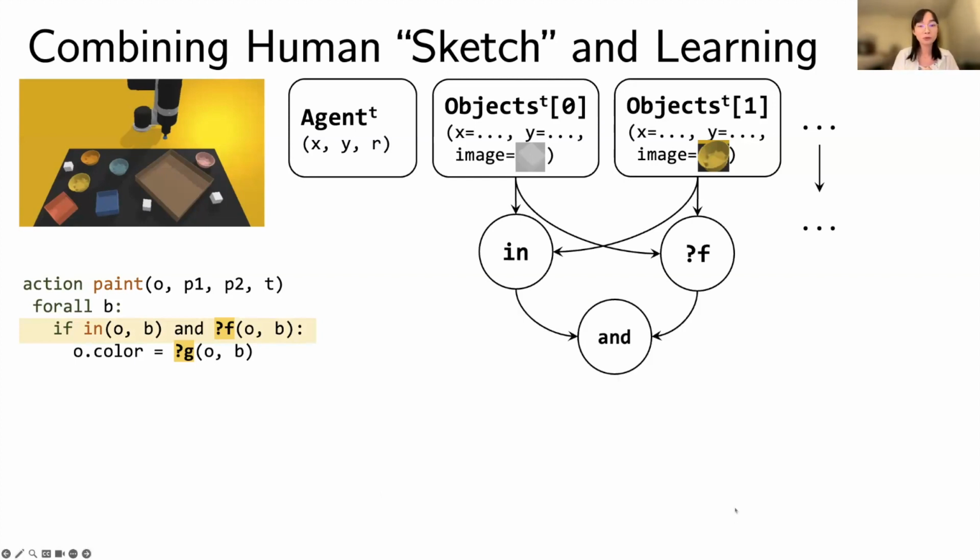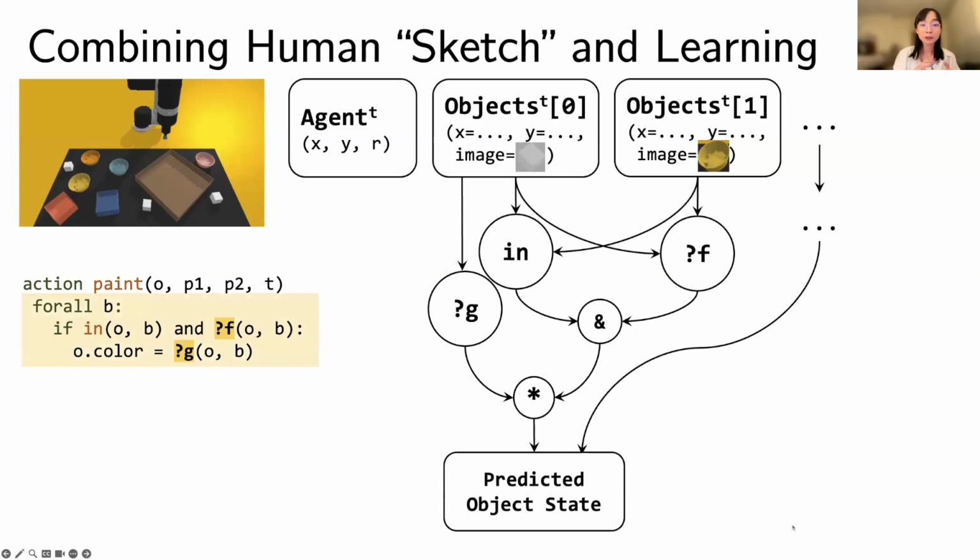And then we're going to do a conjunction of the output of these two classifiers. And finally, based on the output from these classifiers and also this question mark G prediction of the next object state, we can predict what's the next object state from the current state and also the current action being taken.